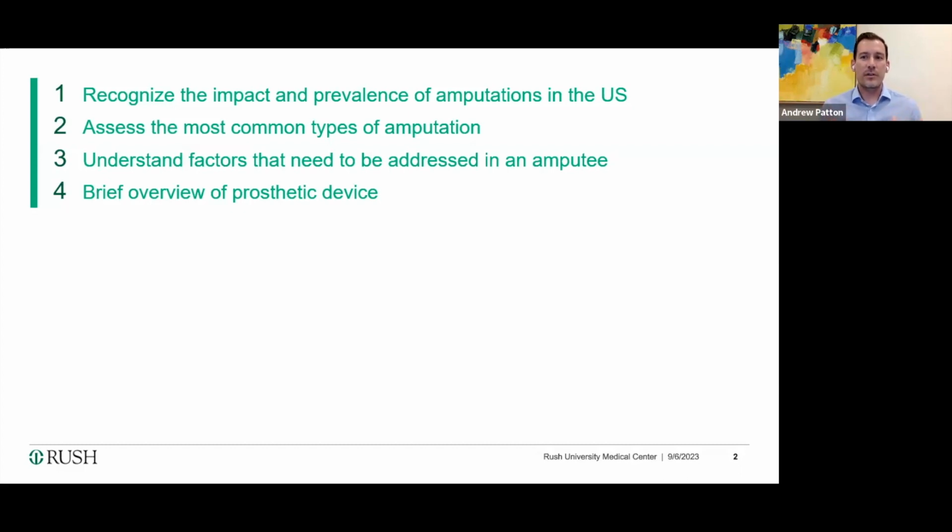As the physiatrist, the medical member of the team, not the prosthetist who's actually building the components, there are other things you need to be addressing in an amputee, especially things the insurance companies are going to be looking for, so that you can get the right things approved for your patient and hopefully maximize their function. These are the things I'd love for you to have been exposed to before coming to the clinic. Again, not memorized, but exposed, so that you would recognize it when you saw it.